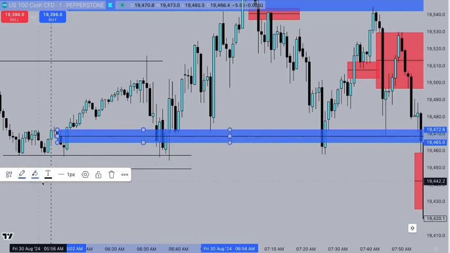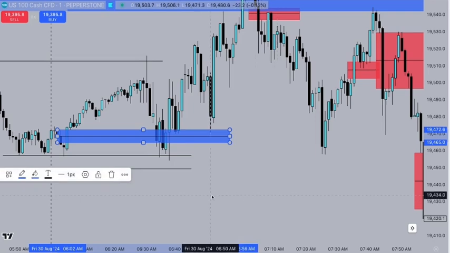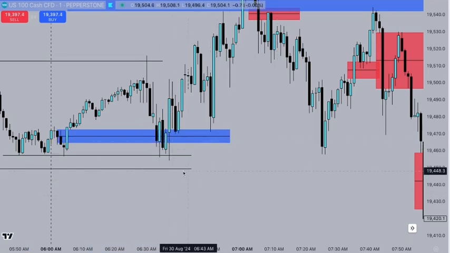Okay, so let's see. We don't need that one extended. So we have this fair value gap right here. As you can see, price comes down to sweep all of this, comes back up, and then comes back down, comes into this inverse fair value gap, ends up respecting it.